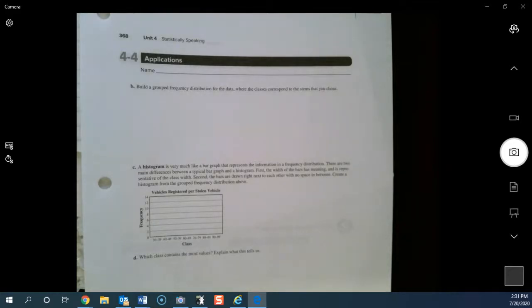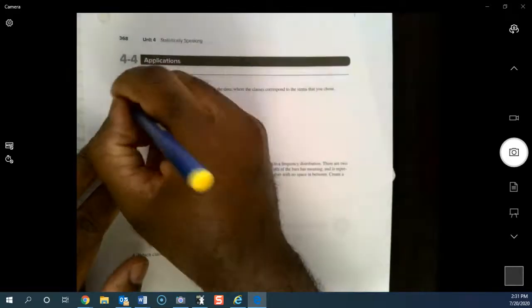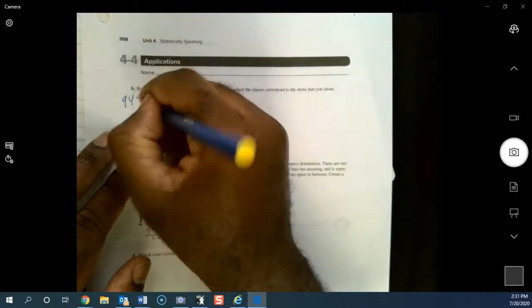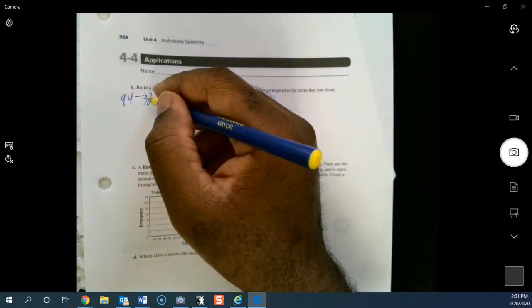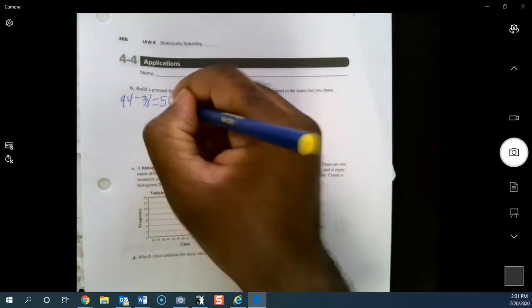If you look back here at the stem, we go basically from 38 to 94. Again, we want classes from about 5 to 15. Now, if we take 94 minus 38, that gives us exactly 56.